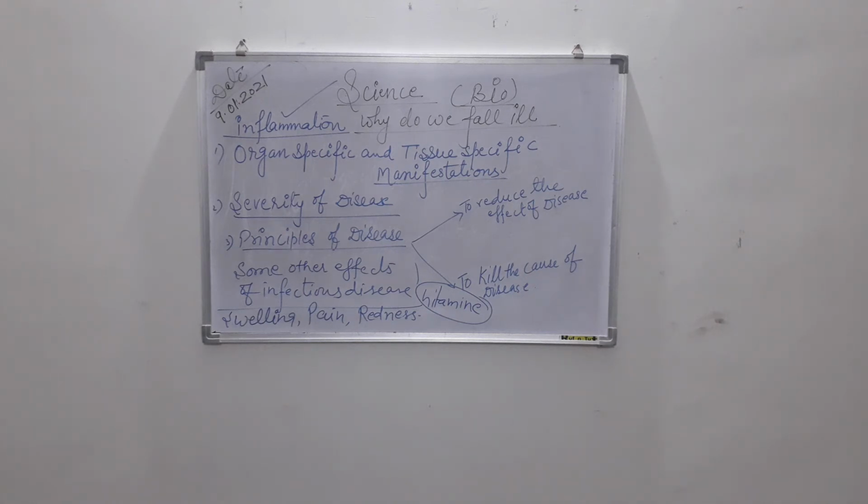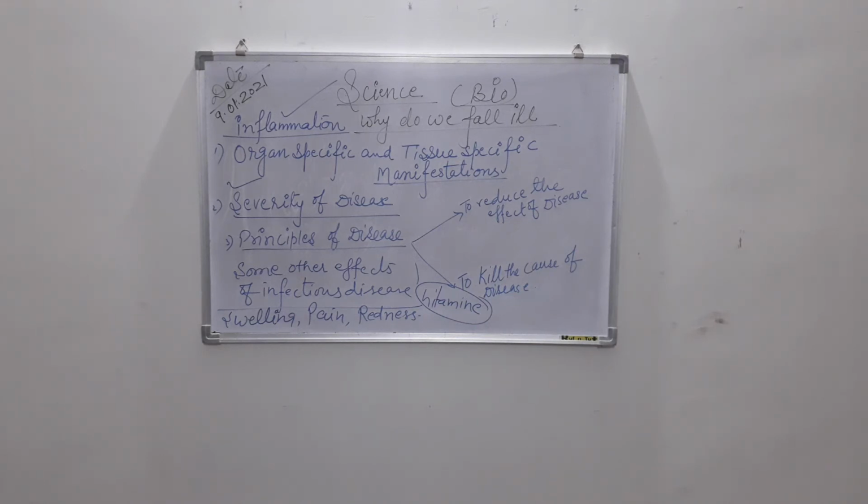Now, I will tell you what is severity of disease. What is the meaning of severity of disease? The immune system is a major factor that determines the number of microbes surviving in the body. In the body, how many microbes will survive?